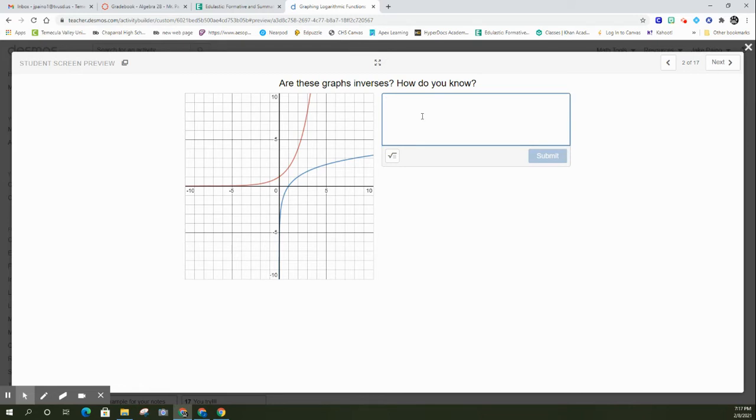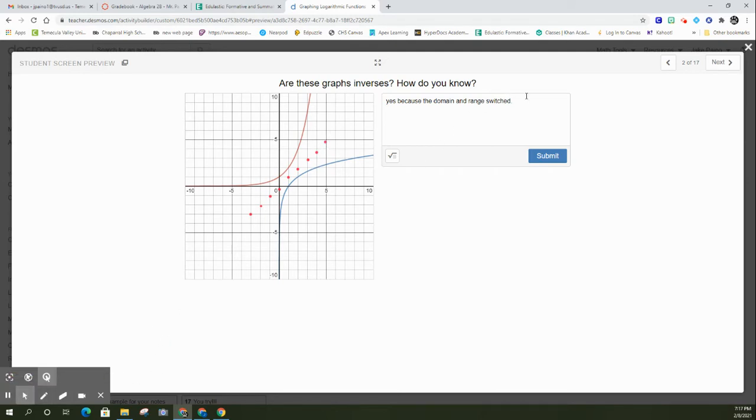So you would say yes, because the domain and range switched. Okay, the other way we know that it is, is if you graph the line y equals x, right here, I'll just do it, this dotted line right here, you can see that the graph is a reflection.